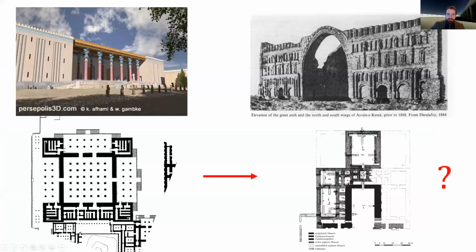One of the main questions we are going to start to look at is how we get from the Achaemenid style of architecture to the Sasanian style of architecture, with whom we will end the semester in a few short weeks, if you can believe it.